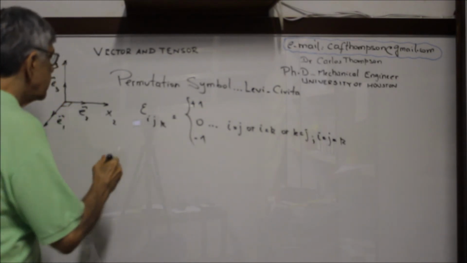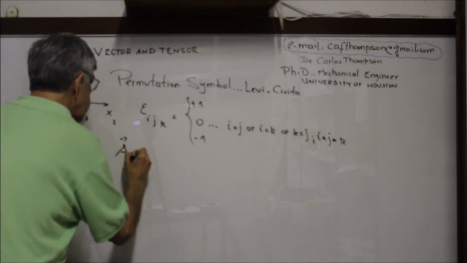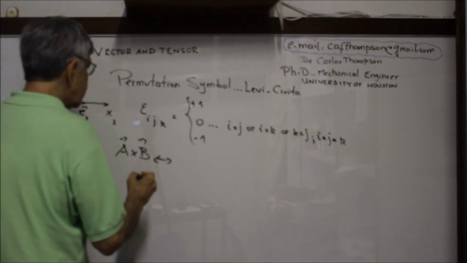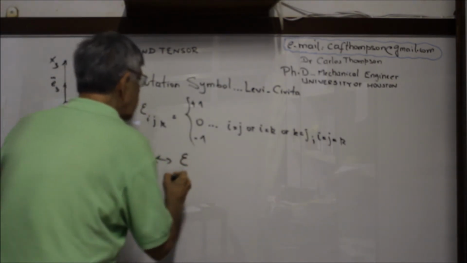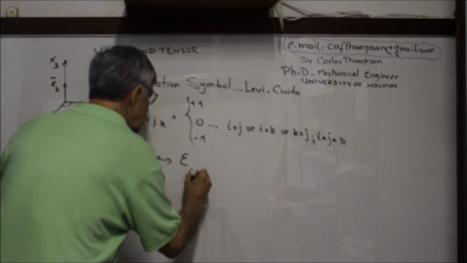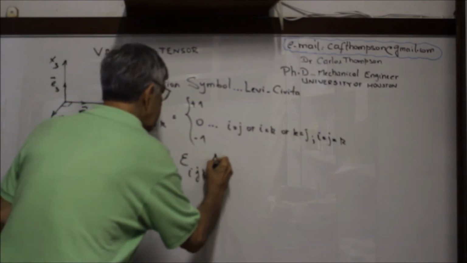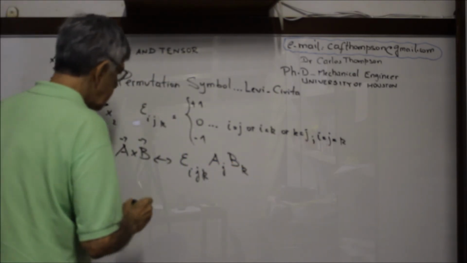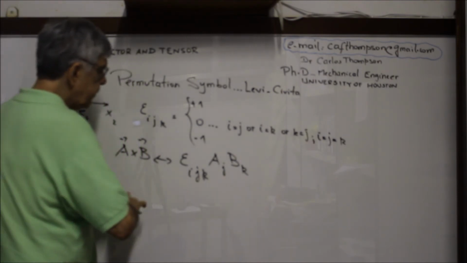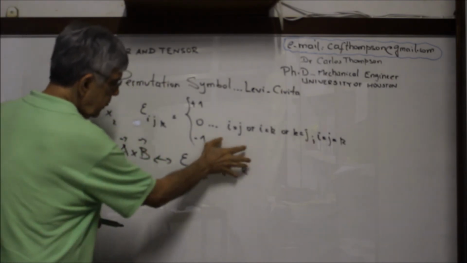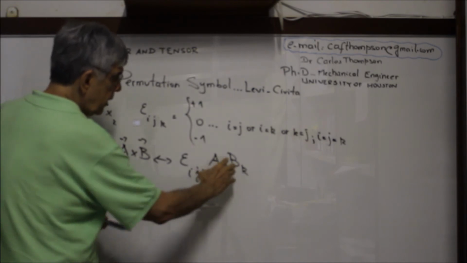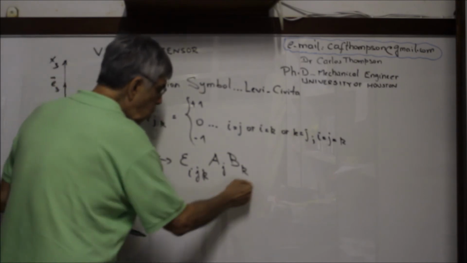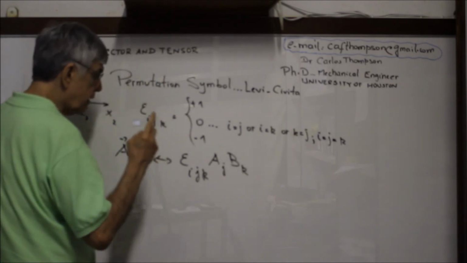To represent the cross product between a and b as a vector, epsilon ijk aj bk. Now, you see here that epsilon is a third order tensor, aj is a vector, bk is a vector, but this whole term here is a vector.